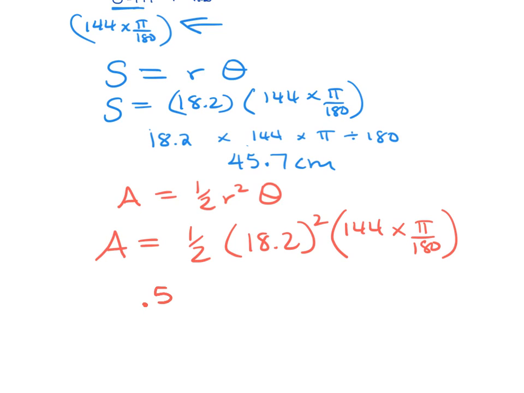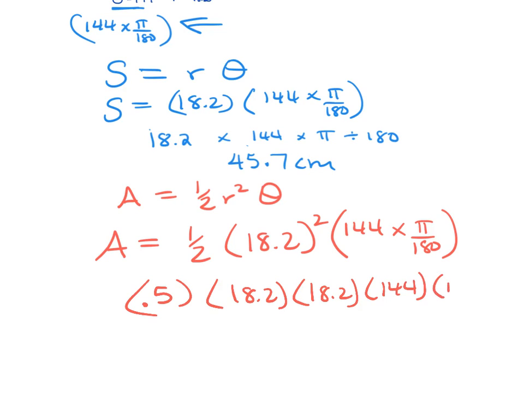So 0.5 is my half times 18.2 times 18.2 times 144 times pi divide by 180. And approximately, you get for the area of the sector 416.25 centimeters squared.